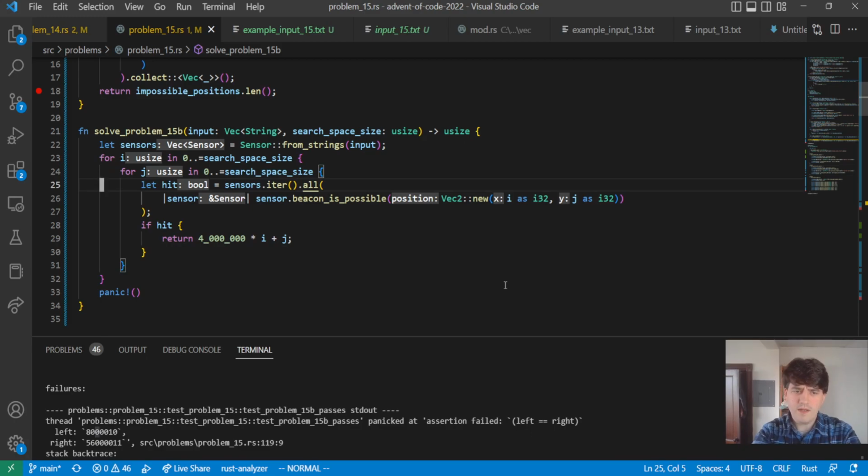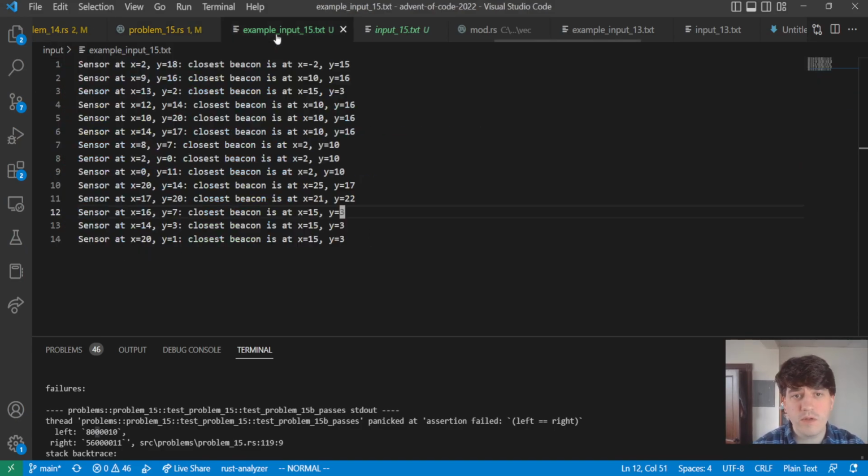Okay, so why does it think that at 2,1 there is a success? Is this an issue where at 2,1 there's a beacon? I bet that's what it is. Is there a beacon at 2,1?